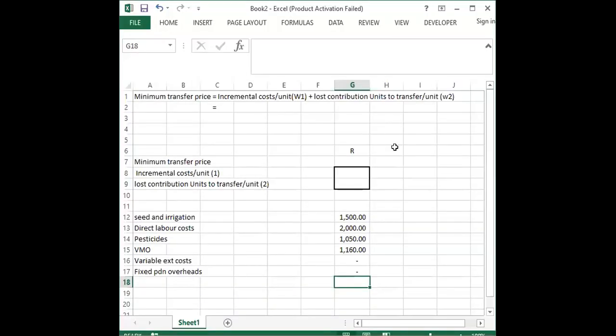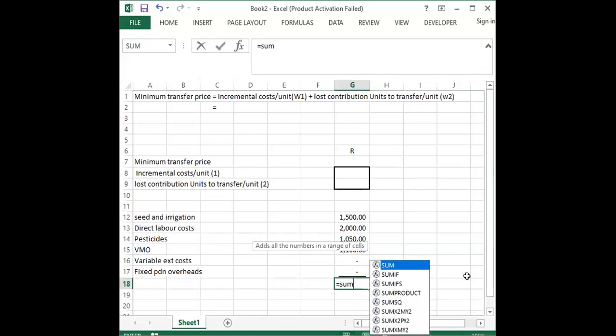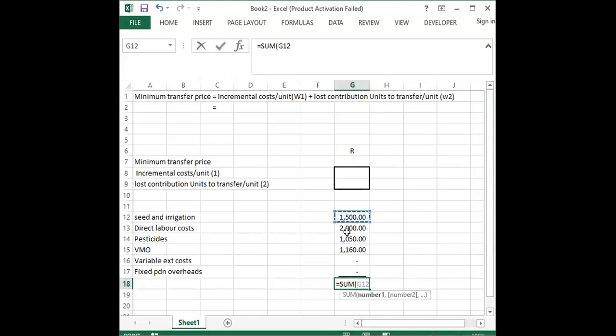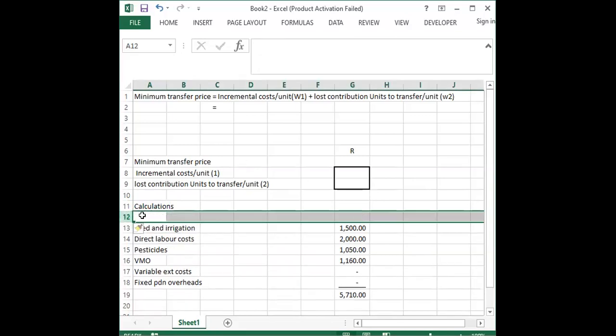So simply listing down those. We can as well total them up. These are calculations. So we say this is calculation 1, incremental cost.